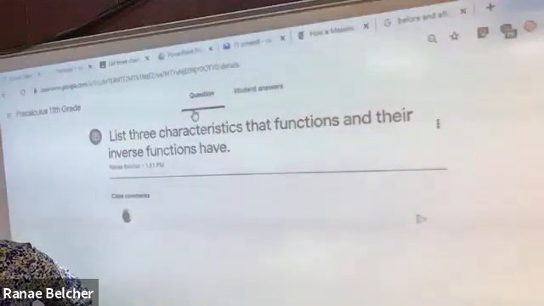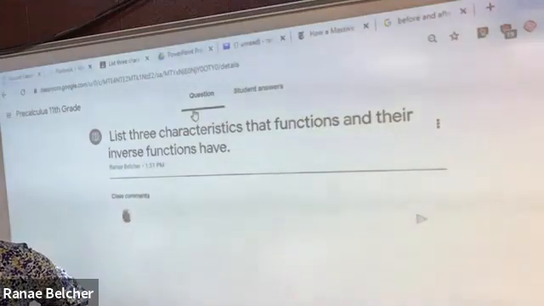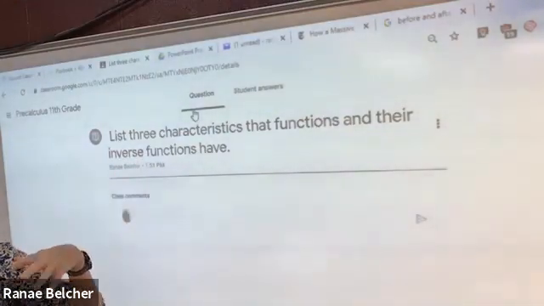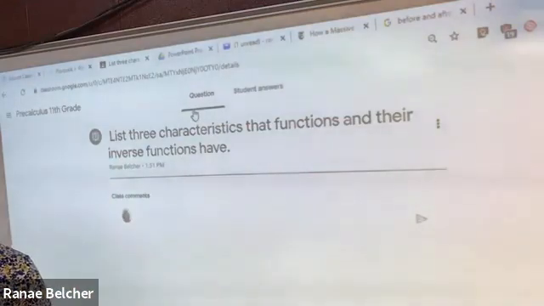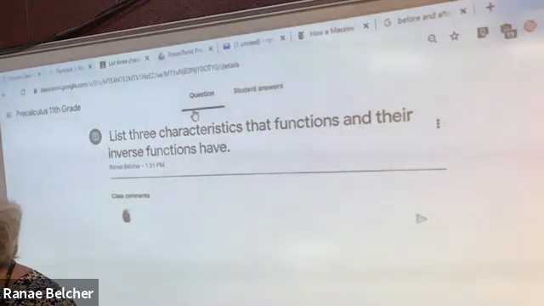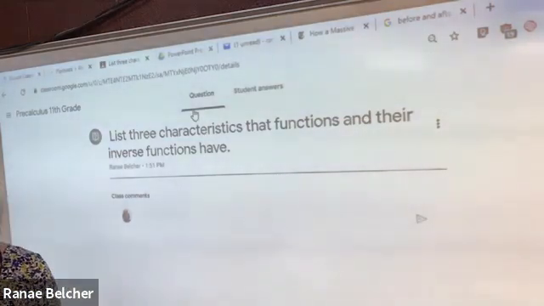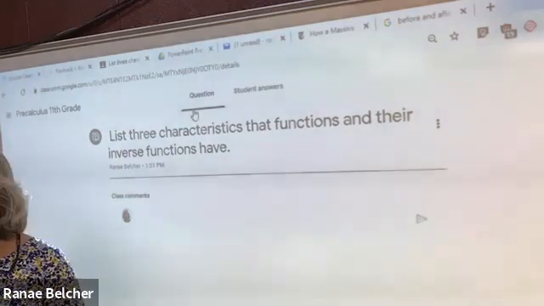What you have is the way you can tell if a function has an inverse, but there are 3 other characteristics that a function shares with its inverse, to do with their data points, what their graph looked like, what their data looked like. Then their compositions. Remember, you could compose them.